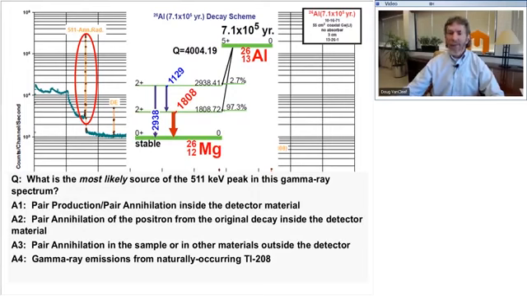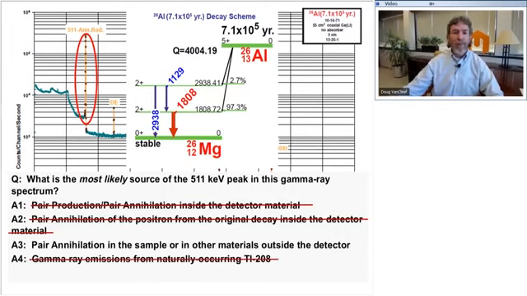If you said that pair annihilation of the positron inside the detector was the source of that 511 keV peak, I'm also sorry, because it's not possible for the positron to make it to the detector material. So that answer is out. If you said gamma emissions from the 510.8 keV line of thallium-208, well, you could be right, but this is in fact an aluminum-26 spectrum, not a thallium-208 spectrum, so we're going to eliminate that as the correct choice also.